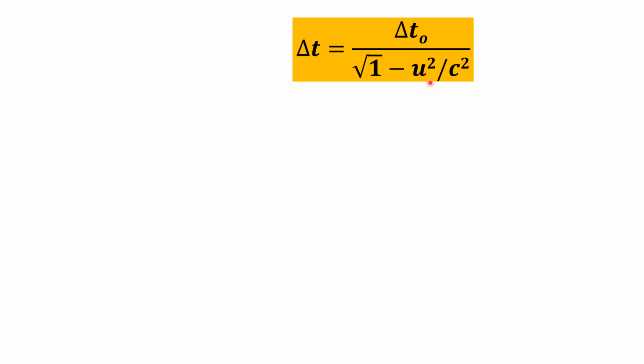If the speed of the body is much greater than the speed of light, we will get an imaginary number in our denominator. So, this implies that no physical object can ever move faster than the speed of light.